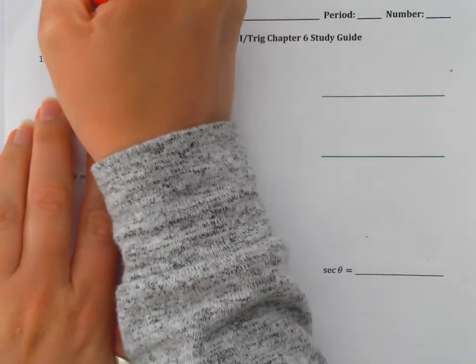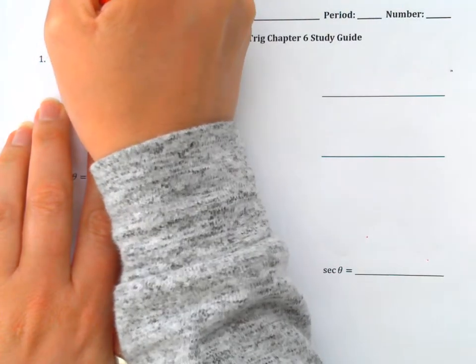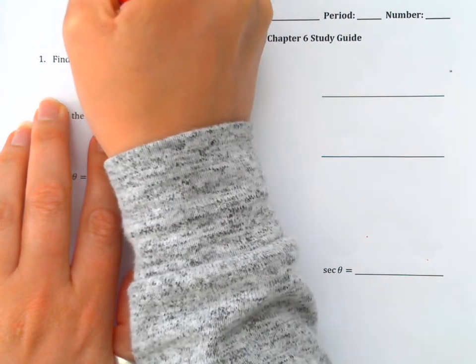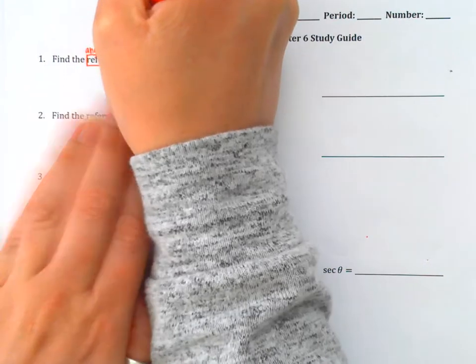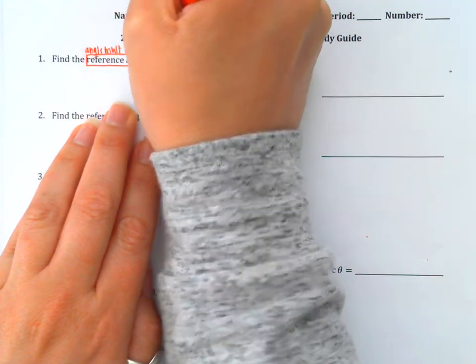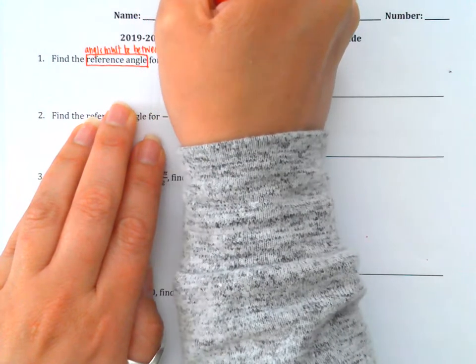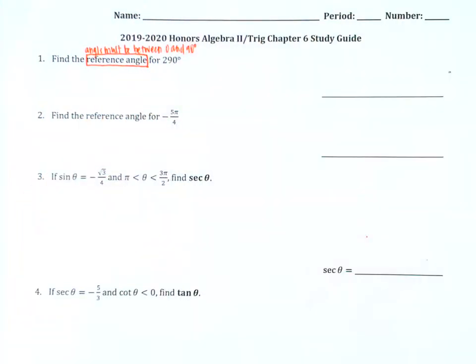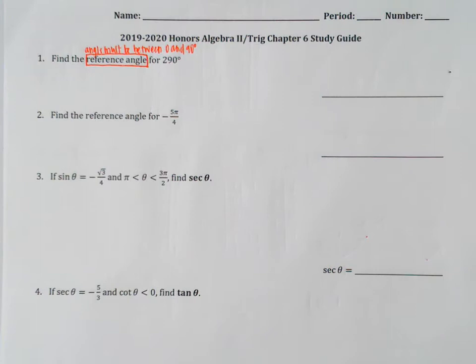So the reference angle must be between 0 and 90 degrees, or in radians, 0 and pi over 2. But obviously 290 is not within that range.